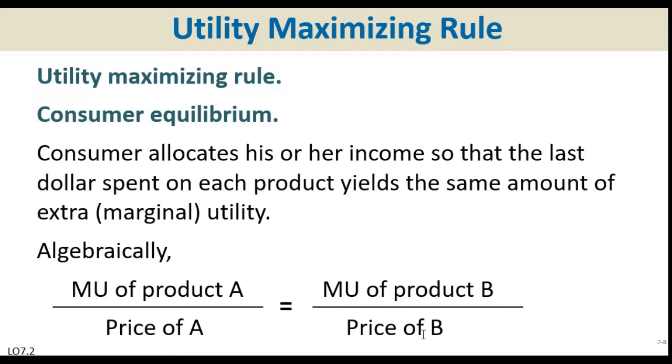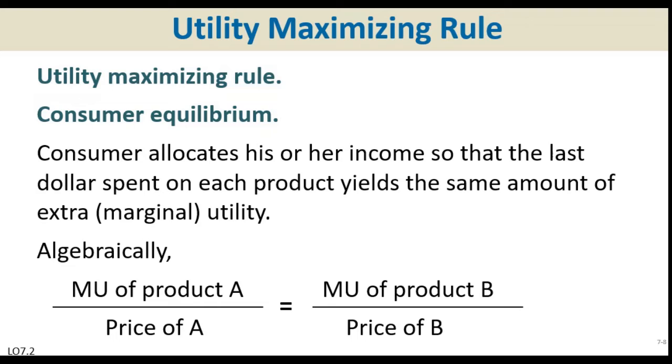When using the utility maximizing rule, it's very important to express the marginal utility of the good as marginal utility per dollar, because every good on the market, chances are, has a different price.